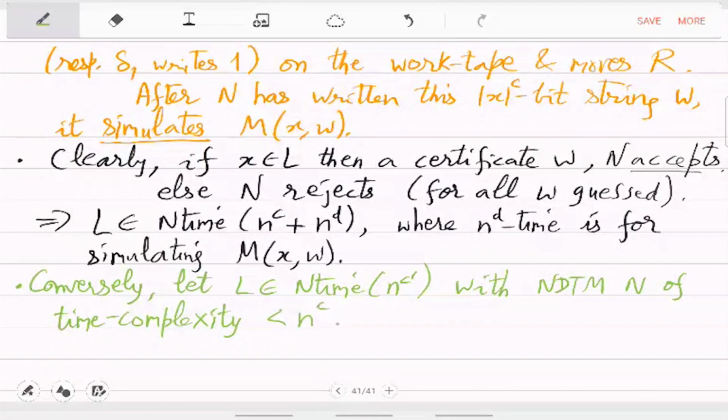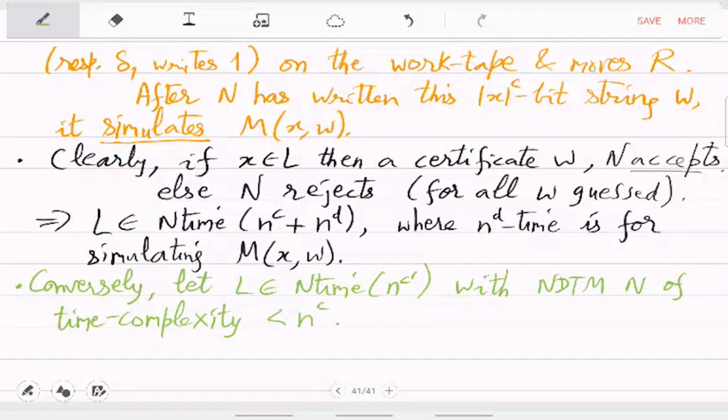Remember, time complexity is around n to the c prime, so instead of saying around n to the c prime, I am just fixing it to be something smaller than n to the c. That is the time complexity for an NDTM to solve this language L.